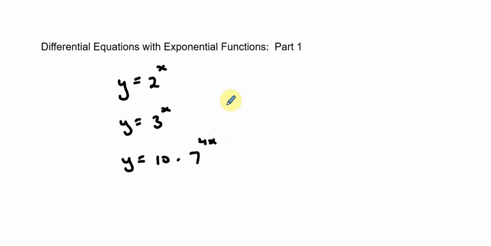Now, in the calculus world, we choose a particular base which is superior to the 2, the 3, or the 7 that I wrote down here. We prefer to use e. That's the base of choice for calculus. So this is our basic format of exponential functions that we prefer to work with in calculus.